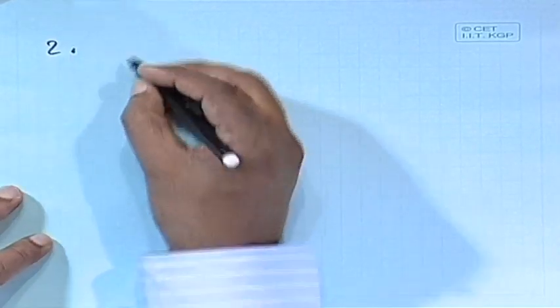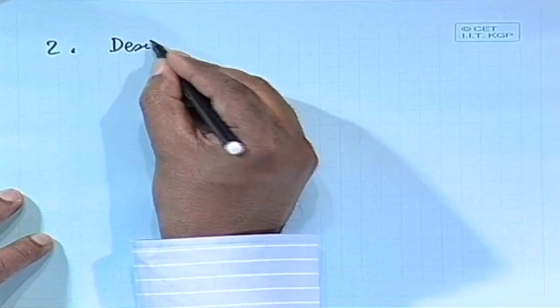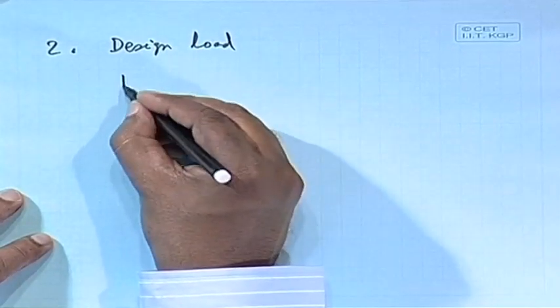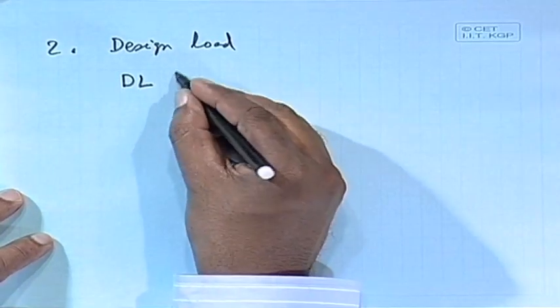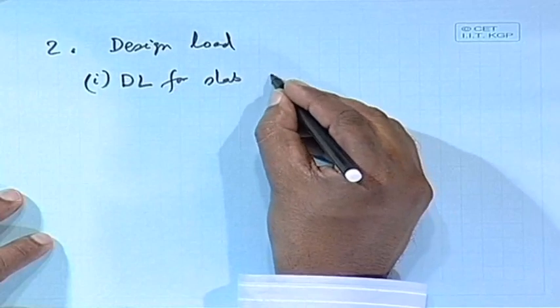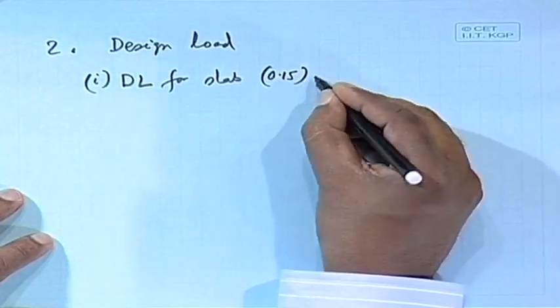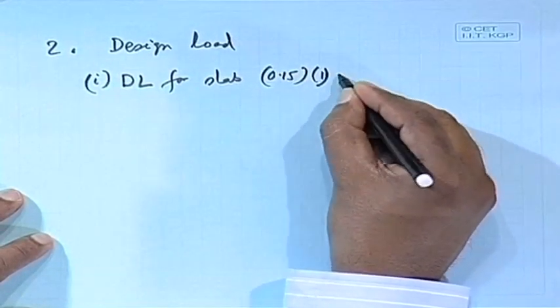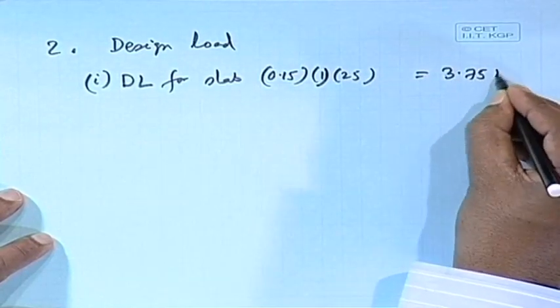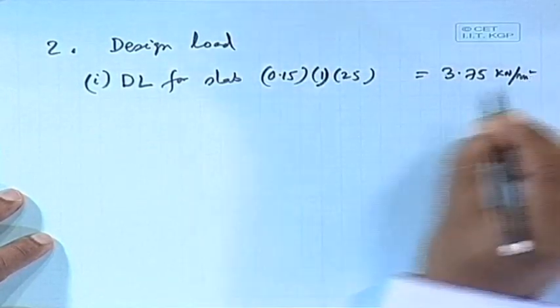Number 2, design load. So, dead load for slab, that is 0.15 into 1 into 25 equal to 3.75 kilonewton per square meter.